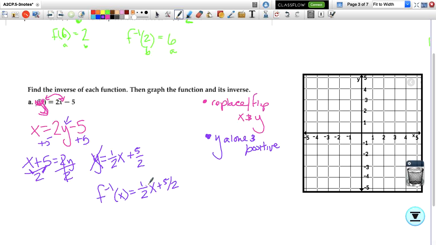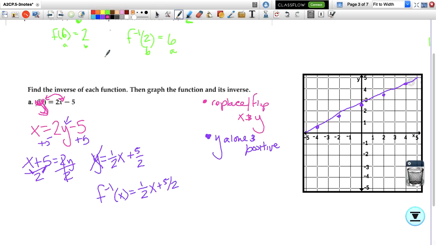And I'm going to give this a go for graphing. It's not great. It's going to start at 5 over 2, which is 2.5. So I'm going to go up to 2.5. I am going to go up 1, forwards 2, up 1, forwards 2. I'm going to go down 1, backwards 2, down 1, backwards 2. And here is the inverse line. Now let's do our original one.